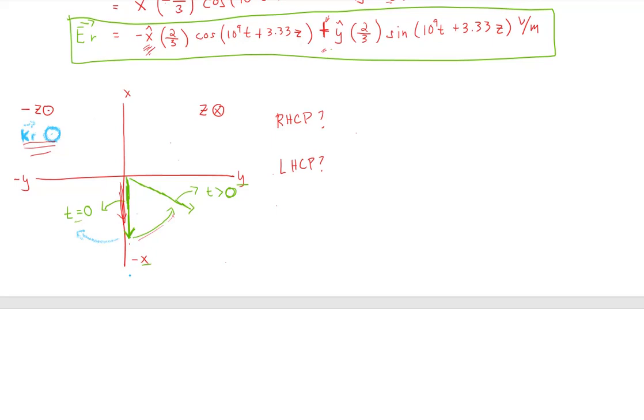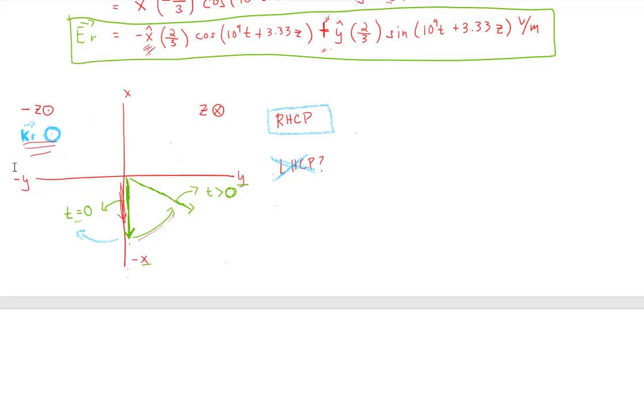We want it going to the positive y, not the negative y, right? So that means this is not left hand circularly polarized, but right hand circular polarization.